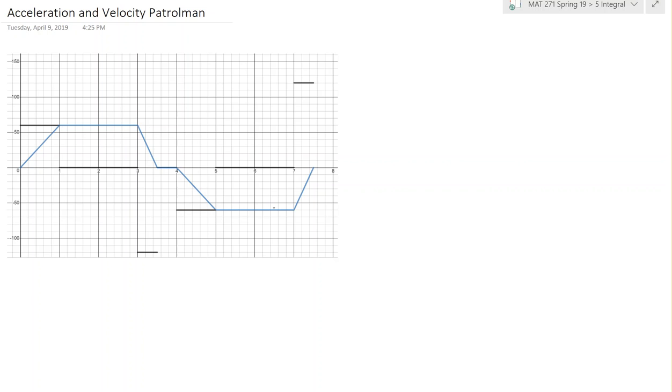This graph, if I just plot the accumulated net area, where area below the x-axis is negative and above the x-axis is positive, is this blue graph. So somehow I'm able to go, in this instance, from acceleration to velocity just by calculating the area under the curve.